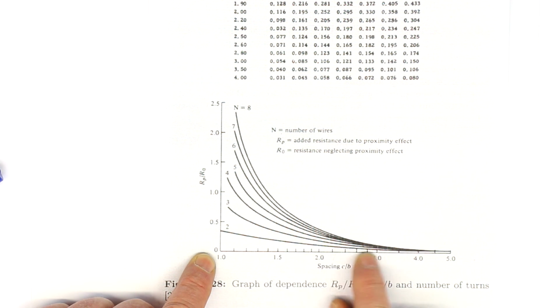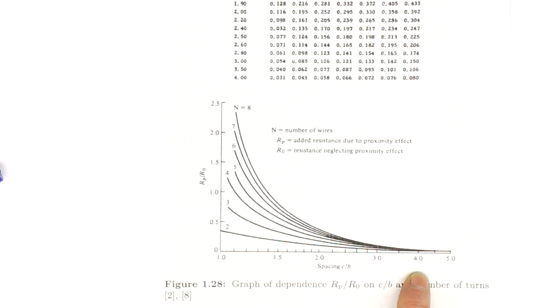All the graphs taper out near the 0 effect when we are above a ratio of distance turn to diameter of the wire of 4 or larger. So 4 to 6 times we're on the safe side.